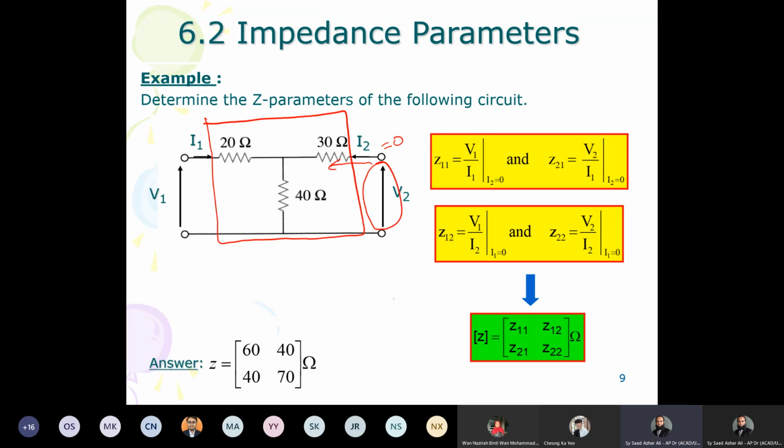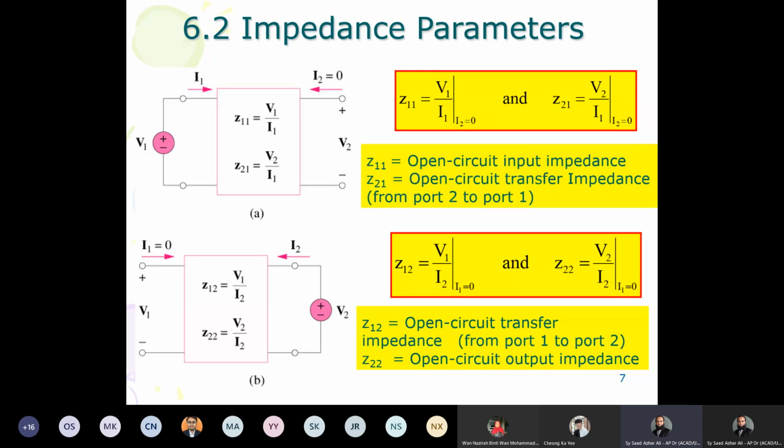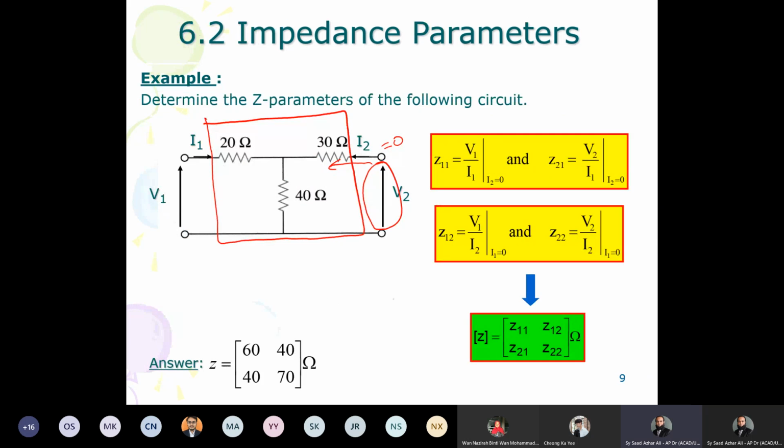Remember that when we were looking for V2 and I1, we look for the impedance seen from this side. So V2 and I1. Does V2 see the 20 ohm resistor?